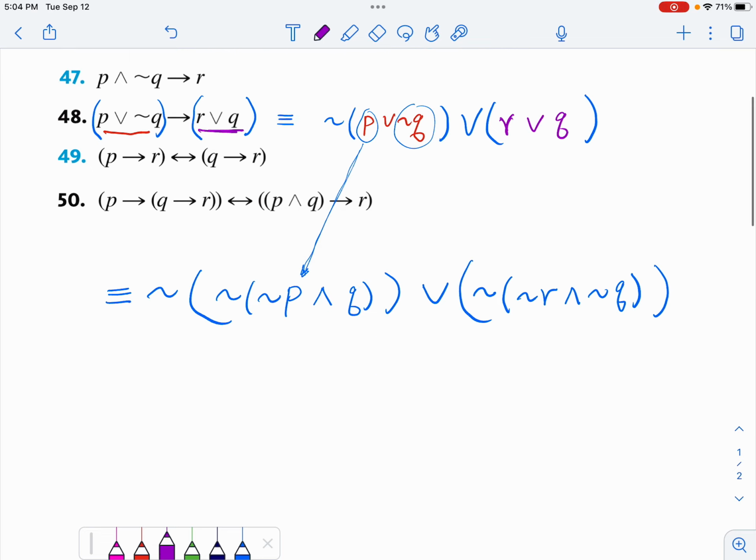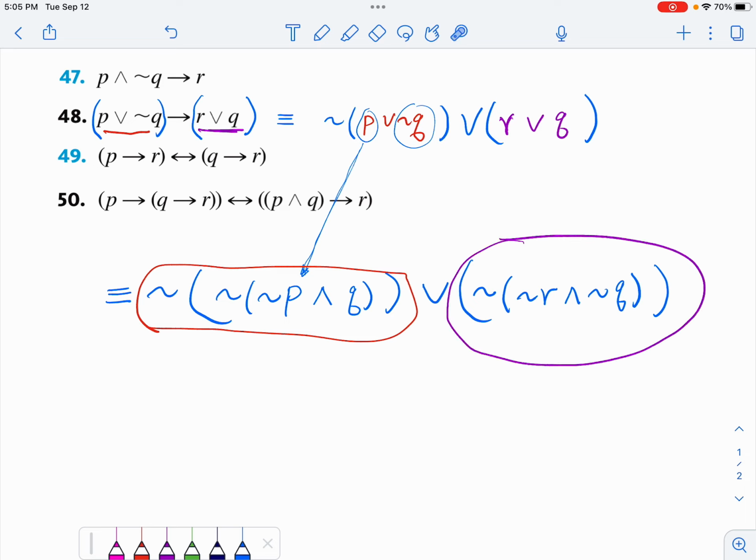Now at the end, we have to write the very last one. This guy should be taken care of. This is the part before the or, and this is the part after the or.